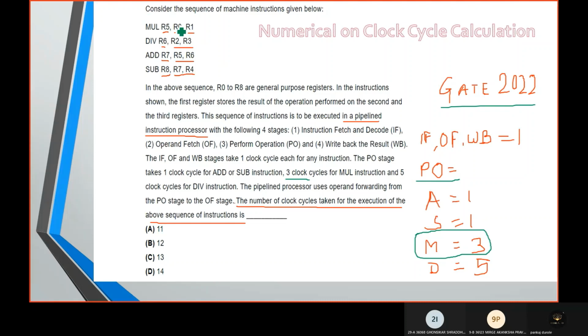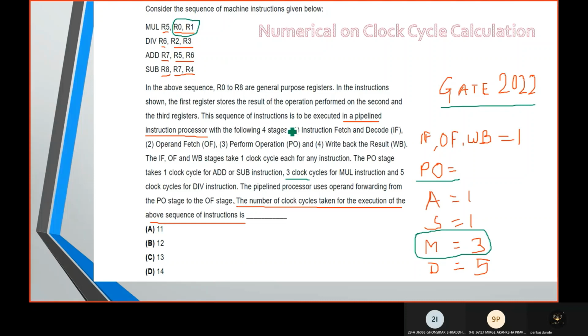So whatever operation we perform on R0 and R1, that result will be stored in R5 for multiplication. For division, the quotient will be stored here. For addition, the sum of R6 and R5 will be stored in R7. For subtraction, the subtraction of R7 and R4 will be stored in R8.